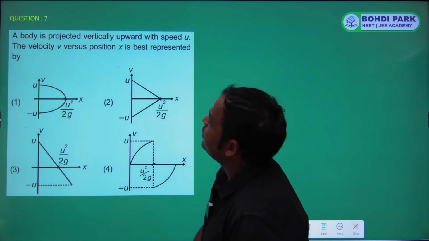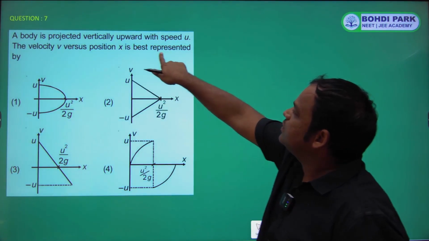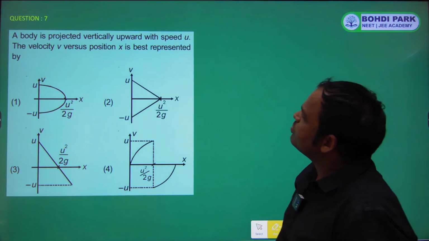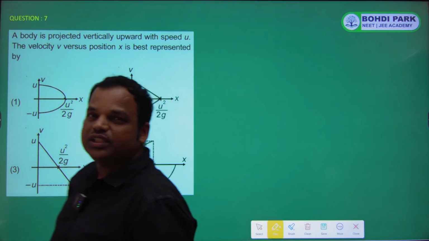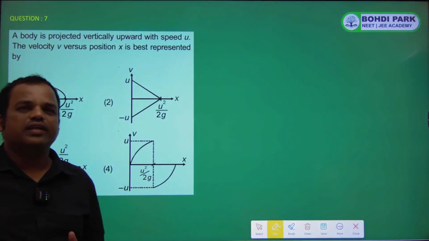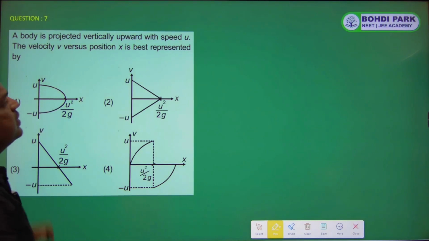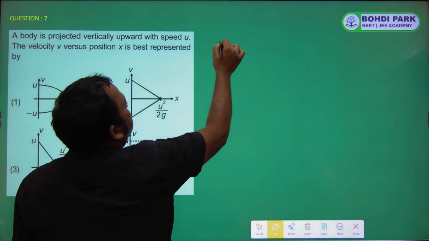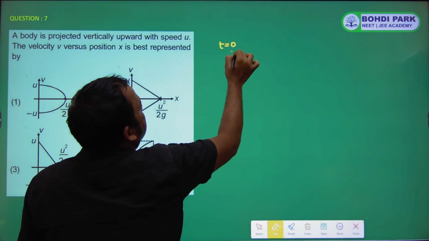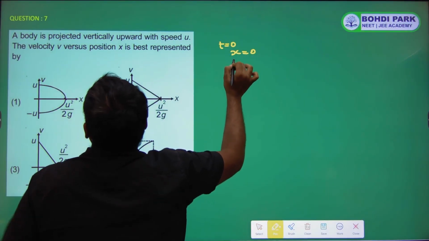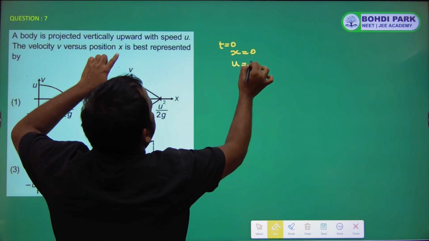Velocity v versus position x is best represented. So x is the position, we can also consider it as height. So we have to find vx relation. So you see, when time is 0, x will be 0 and v is equal to u.